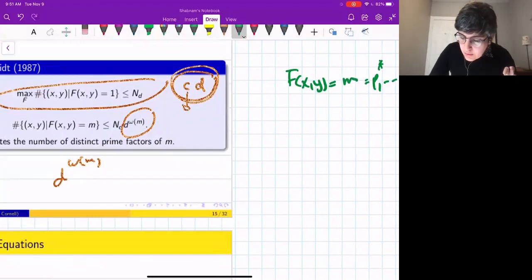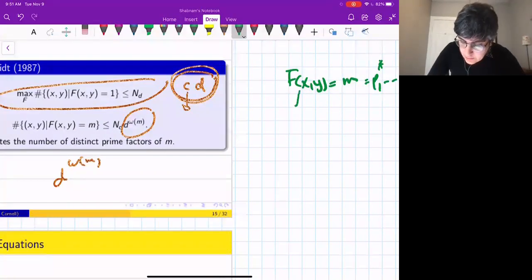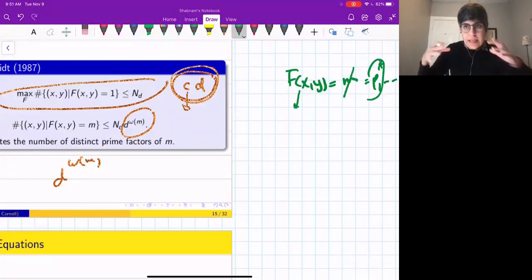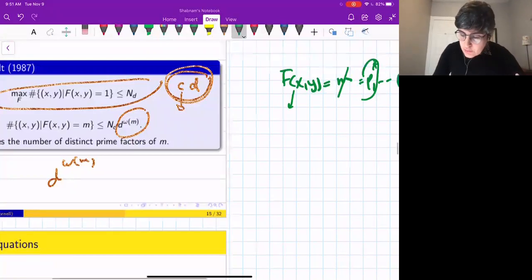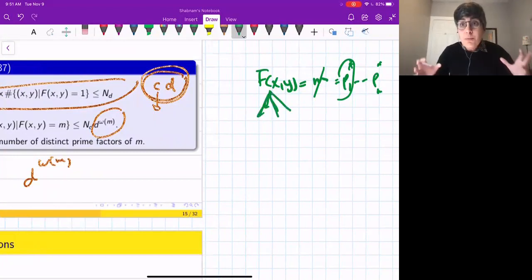What they do is some matrix actions on f of x and y, which is very elementary, but it's a bunch of matrices I don't want to write, and they reduce f mod each of these primes, and therefore they can cancel the primes in m. So they reduce f mod p1, and they get, for example, if we are in the cubic case, at most 3 new forms, each with m divided by p1.